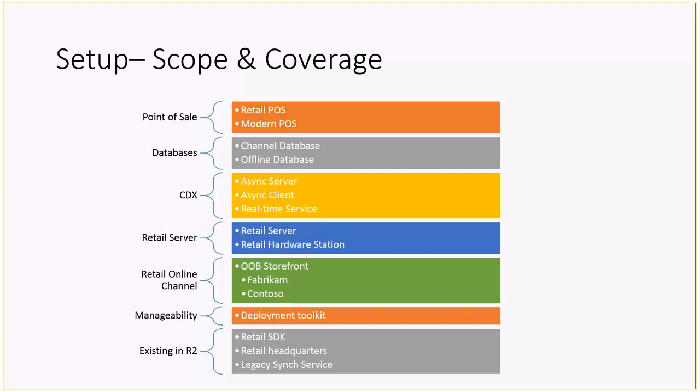Just to spend a few seconds talking about what retail headquarters means here, in case it wasn't obvious from the name itself. The idea of having this specific component called retail headquarters as an installable component is that it provides specific runtime dependencies that are required by your AOS component and your AX client.